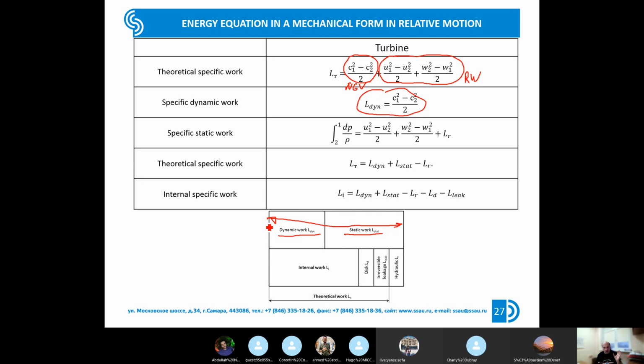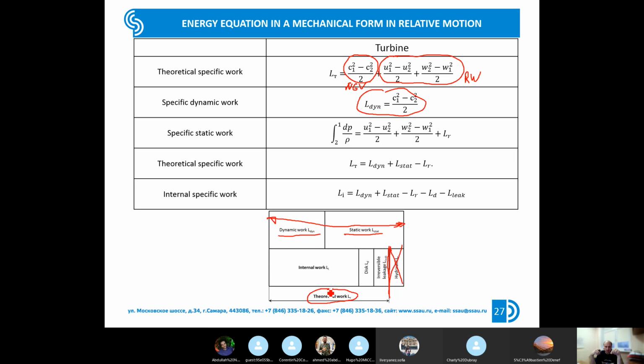Some part of this energy is spent to overcome hydraulic losses, and all energy which we do not lose to overcome hydraulic losses is caught by blades. So this theoretical specific work is caught by blades in the turbine.